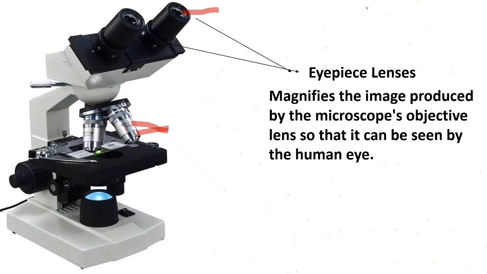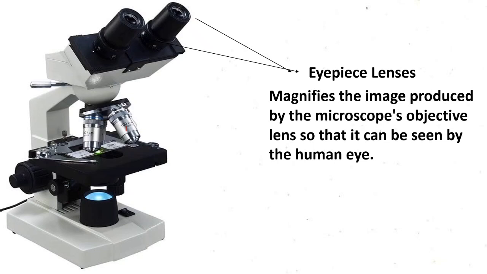So that is the major work of the eyepiece lens, to help magnify whatever image is produced by the objective lens. I hope you understand that. Now let me repeat myself. Whatever image is produced by the objective lens, and what is the objective lens?